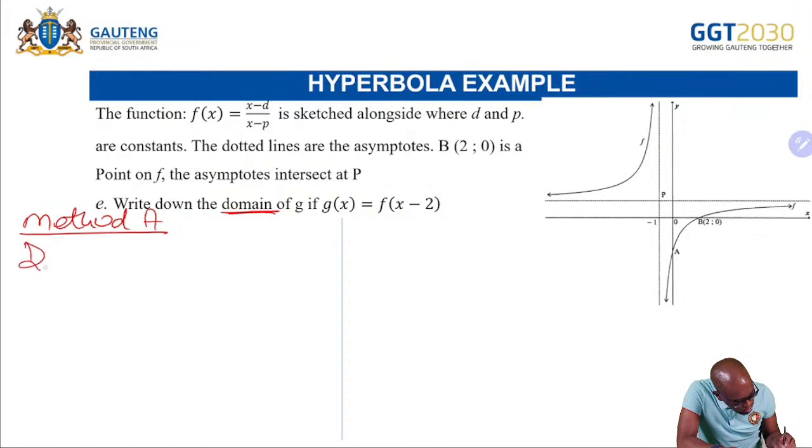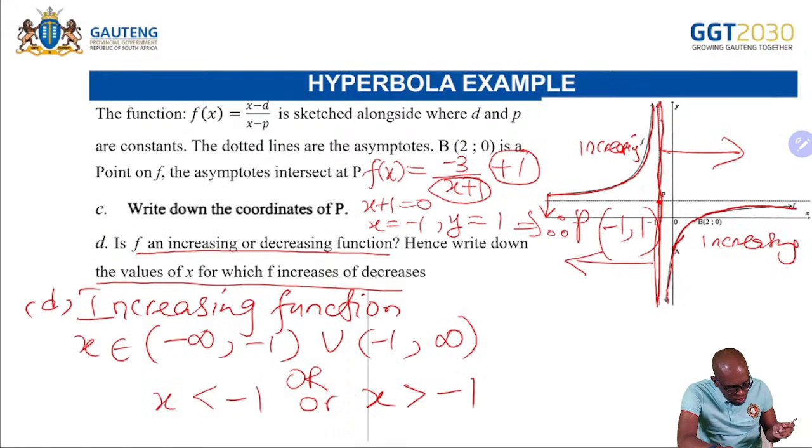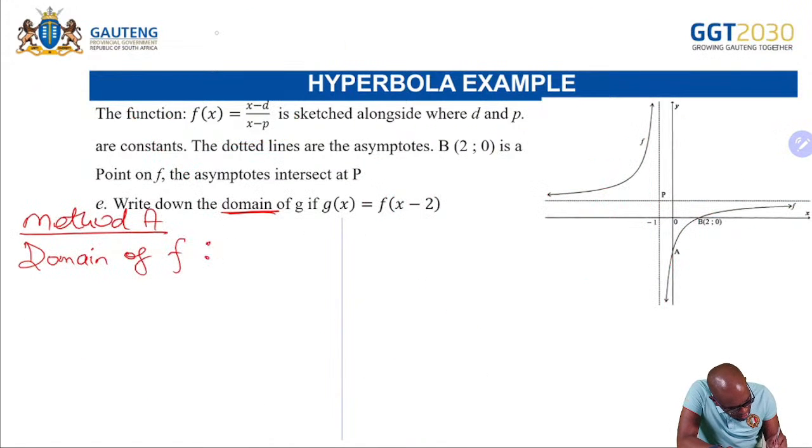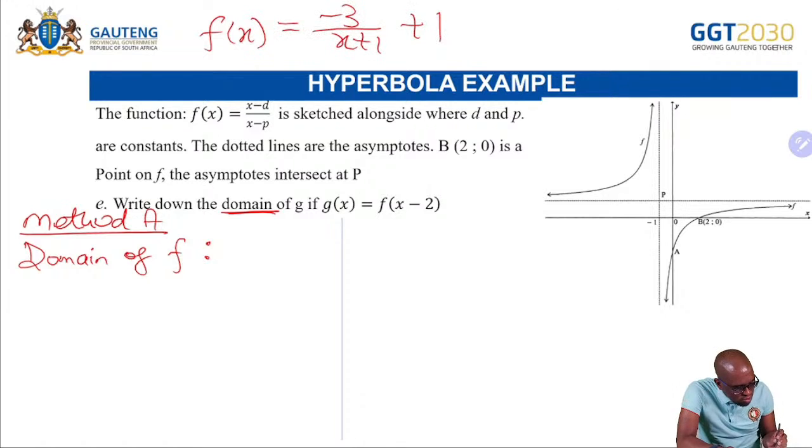So I'm going to locate the domain of f. What would be the domain of f? We can locate it because, remember, we have the equation of the function, negative 3 over x plus 1 plus 1. We can get the domain of f even from this sketched function.